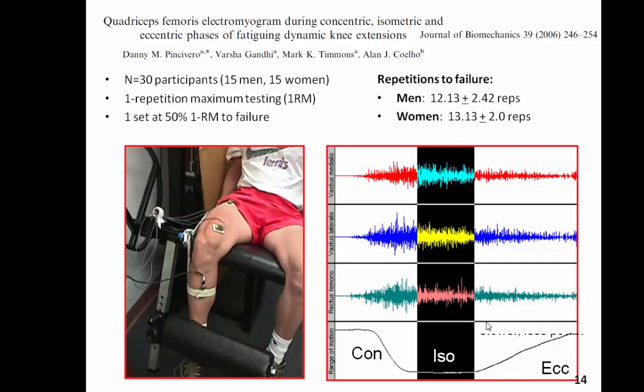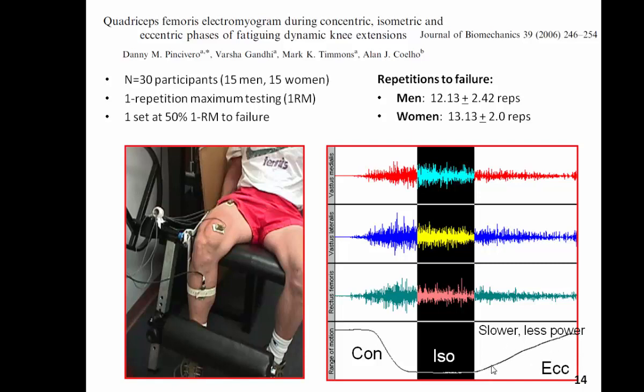Now, a couple of things to make note here on this slide, specifically to this third phase of the exercise, is that the longer duration, so the leg is going through the same angular displacement, full extension back to knee flexion. During the concentric, it moved from knee flexion to full extension, so the angular change was the same, except that it took longer to bring the leg back to the flexed position.